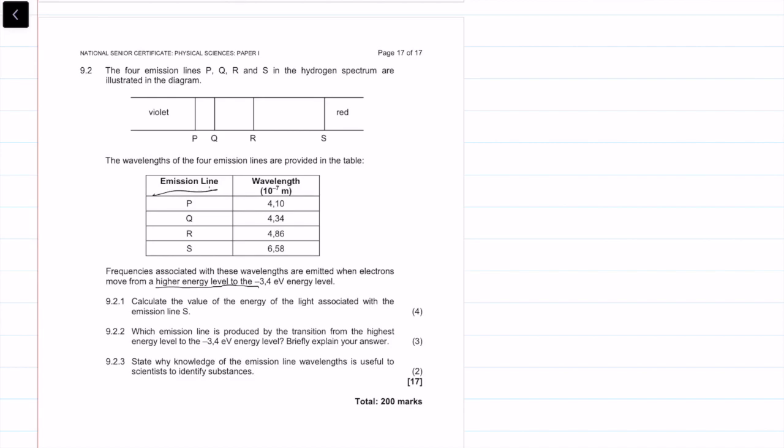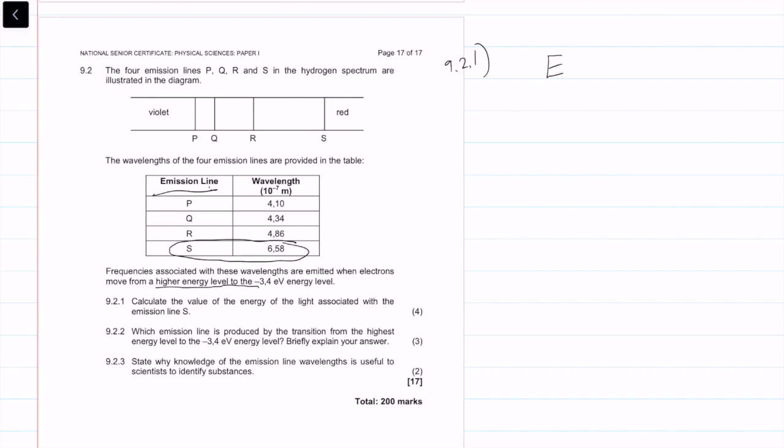Question 9.2.1 says calculate the value of the energy of the light associated with the emission line S. So we're with this value right here. We want to know the energy.